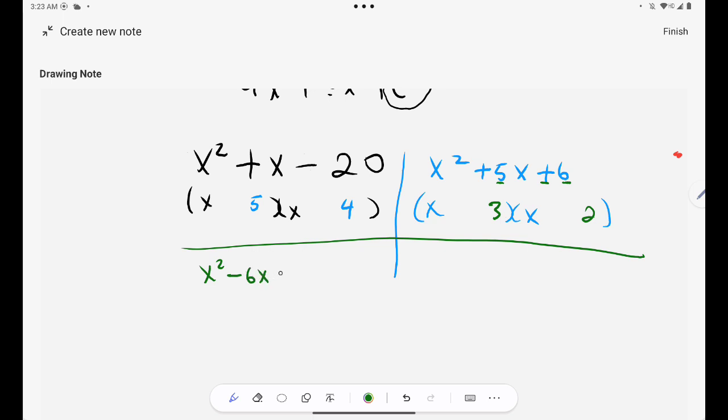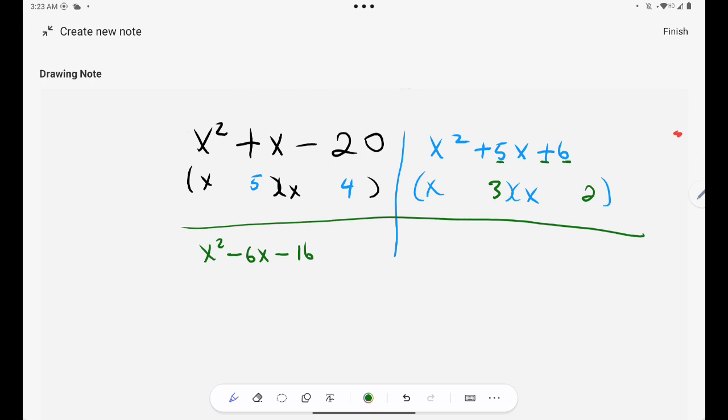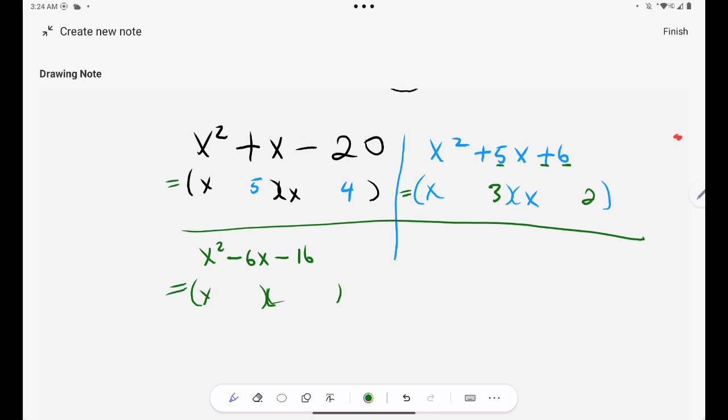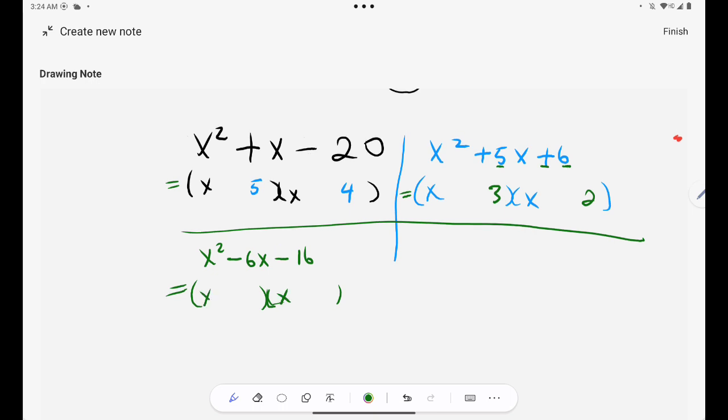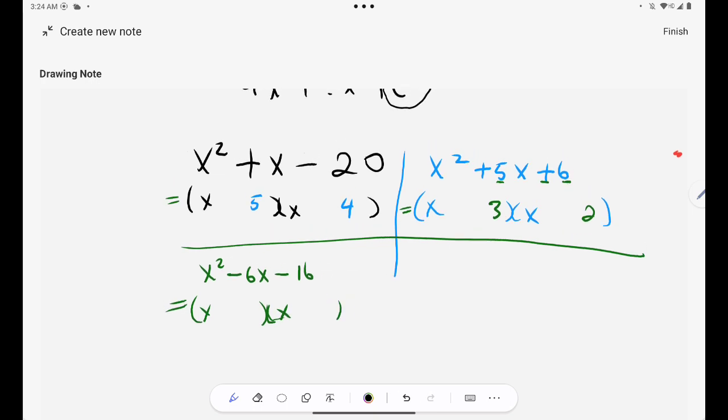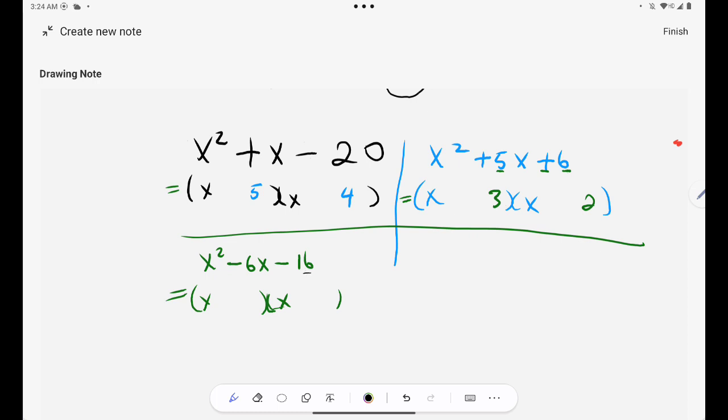Another one could be x squared minus 6x minus 16. I'll just put an x there, and then I will read my equation. I want the factors of 16.